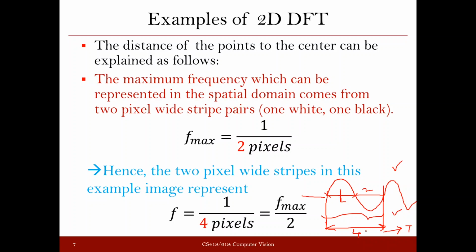So when you consider this axis as the time axis, crossing 2 pixels takes 2 unit time. Similarly, coming from here to here, another 2 unit time. So total, 4 pixels, so you can say T equals 4. If you take the inverse of the time period, you get the frequency, so the frequency is 1 by 4.